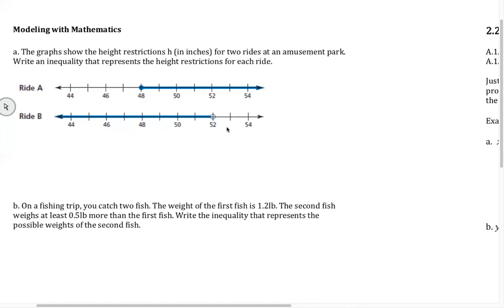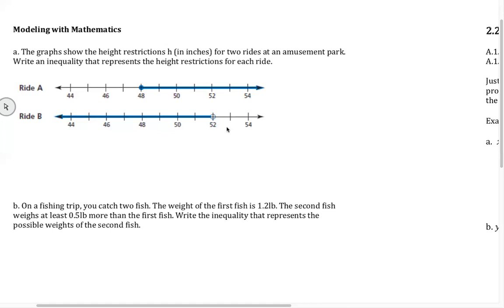All right, so it says, write an inequality that represents the height restrictions for each ride. Give it to me in words. What does that sign mean? What does the sign say at Dorney Park for Steel Force?